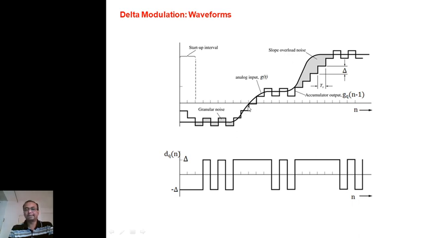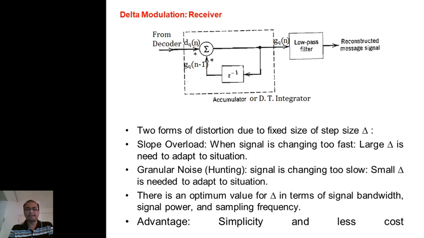So what can be the optimum value of delta? There is an optimum value of delta in terms of the signal bandwidth, signal power and sampling frequency. We are not going to derive this optimum value here. Anyway, this delta modulator has this disadvantage, subject to the advantages of simplicity and low cost.